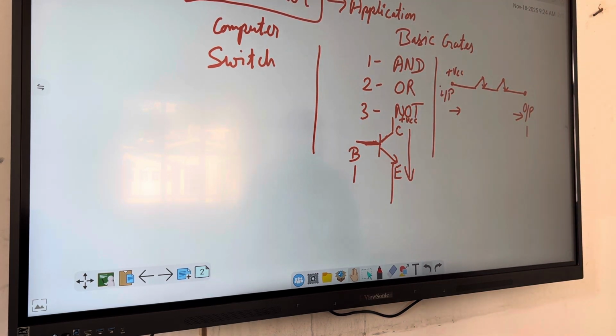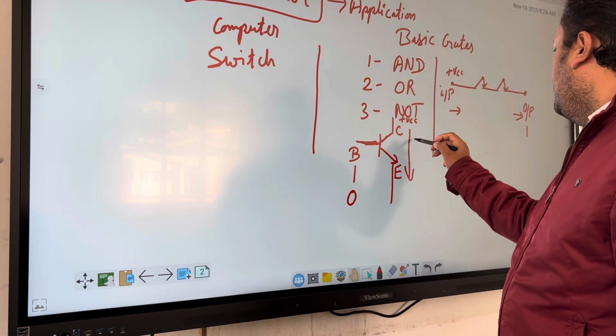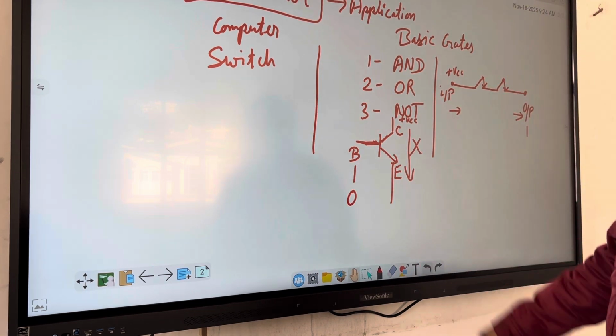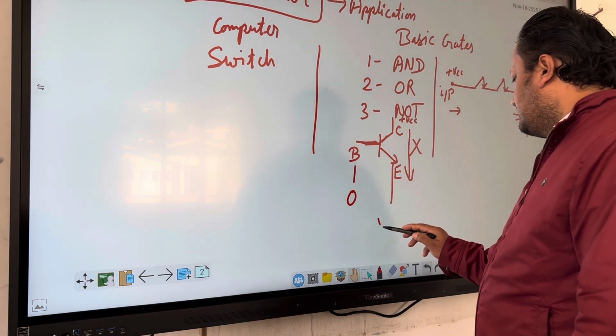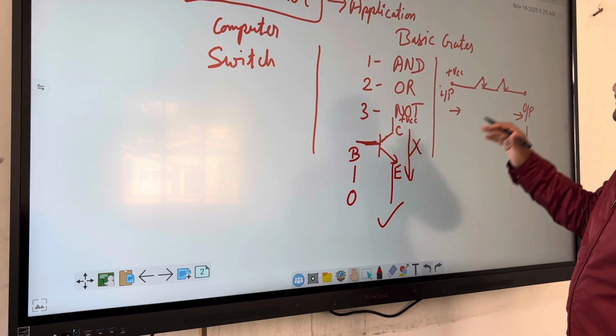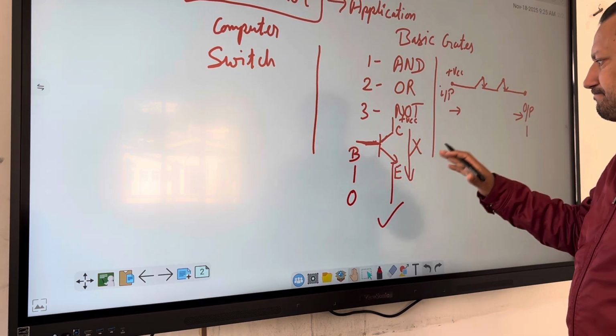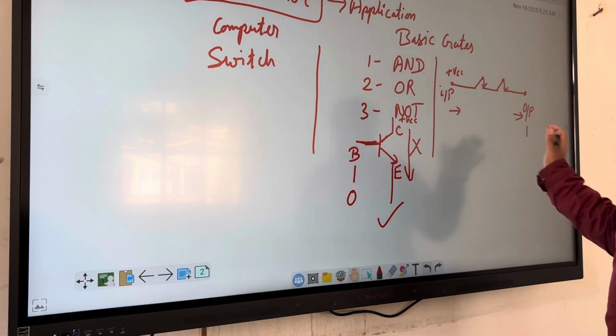If the base is 0, it will not allow the current to pass through collector and emitter. This is the basic characteristic of the transistor. We will use this characteristic as a switch. This is the application part.